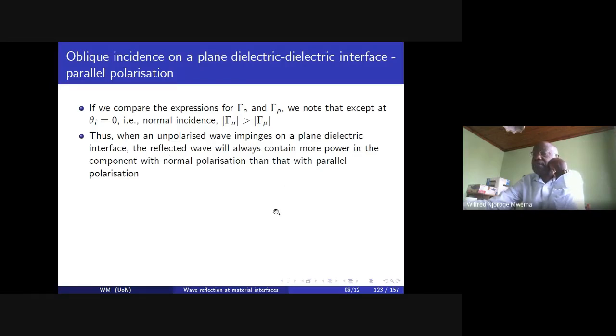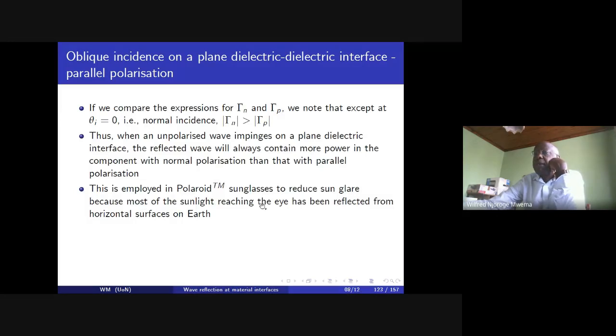And this is used in making sunglasses, so to speak. The Polaroid sunglasses use this to reduce sun glare for the guys who are basking in the sun at the beach, okay? Because many of the times, the sunlight that is reaching the eye is one that is reflected from horizontal surfaces, in most cases, on the Earth's surface.